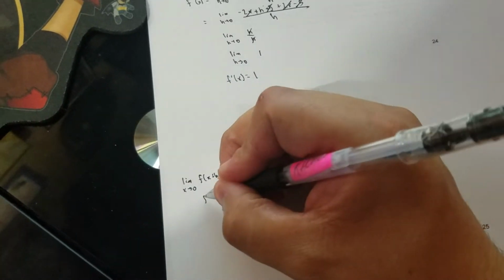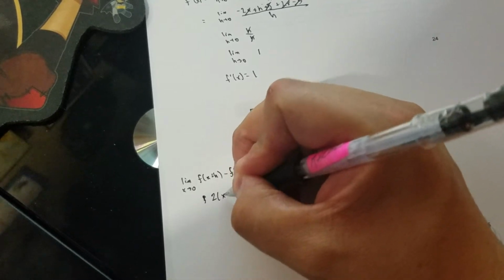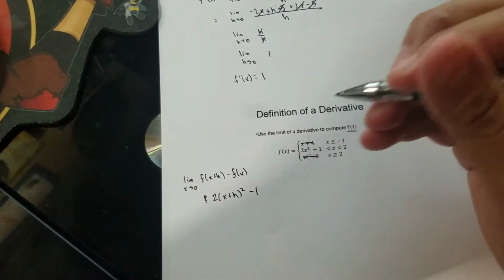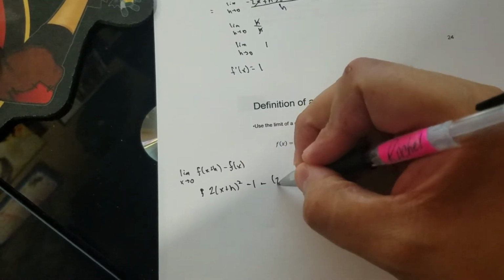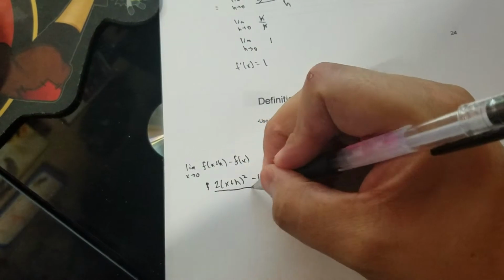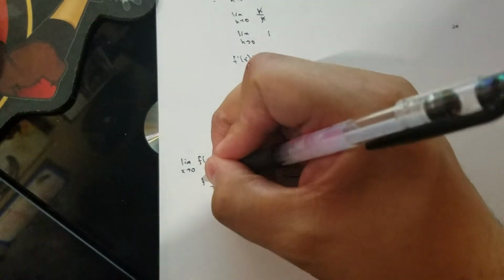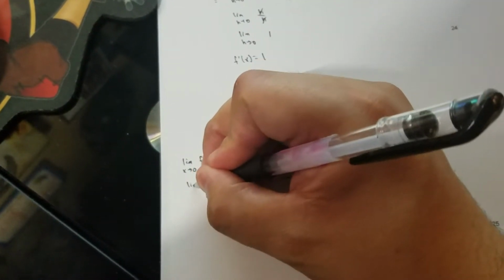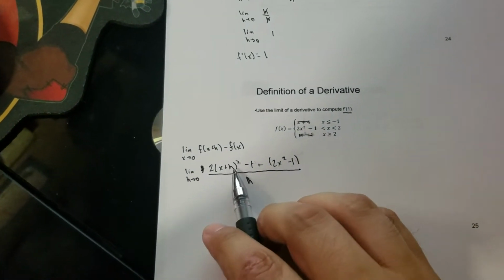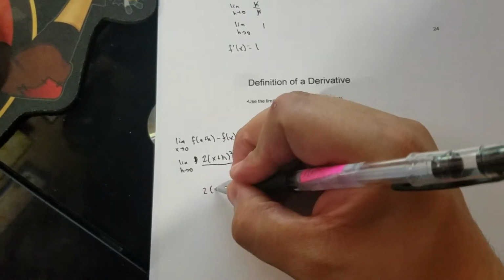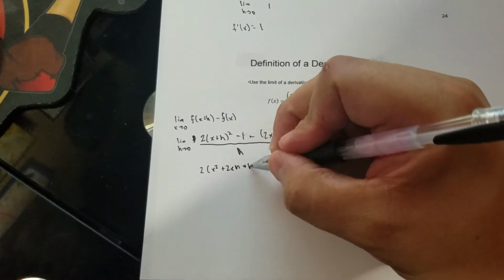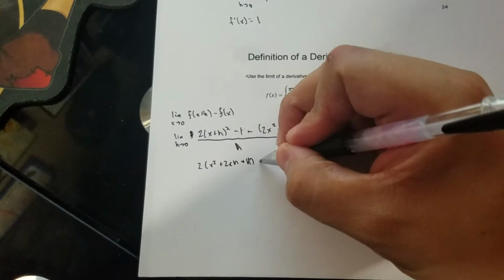Okay, so remember from yesterday, x plus h squared was equal to this right here. x squared plus 2xh, plus h squared.